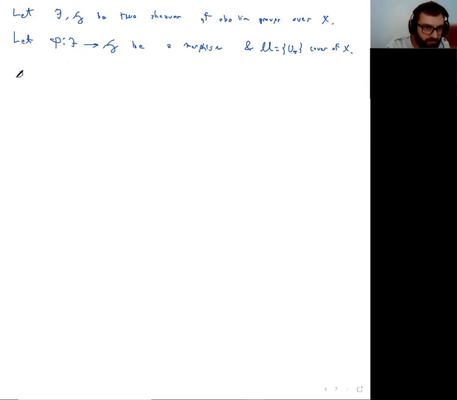Well, since this is a morphism of sheaves, if you take the restriction in G, restrictions commute with phi.